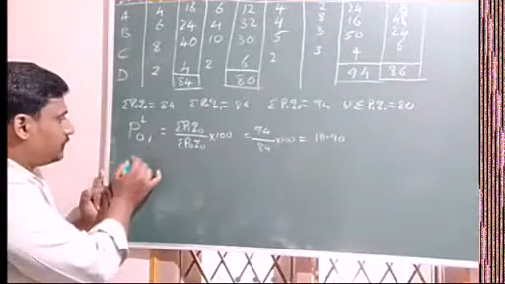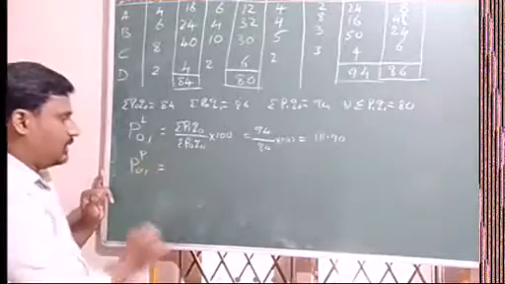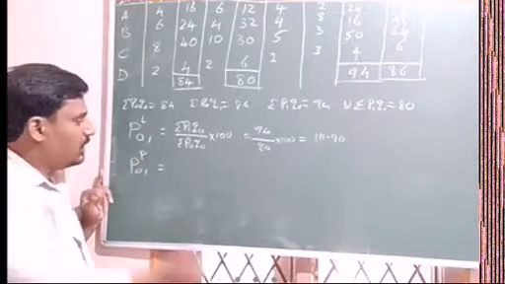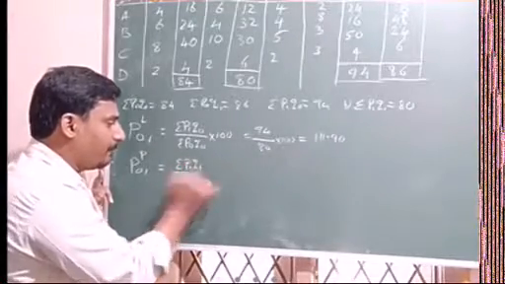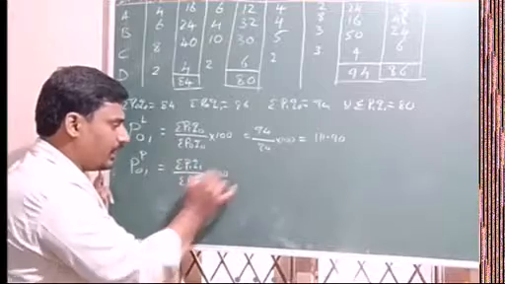Next, Paasche's P01. So here write P, so that indicates Paasche's index number. So Paasche's formula is summation P1Q1 divided by summation P0Q1 into 100.